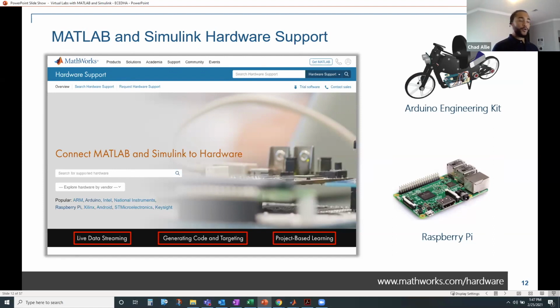You can generate code and actually implement it onto a device such as the Arduino Engineering Kit. And this could also be great for project-based learning. So these low-cost devices would also be a great opportunity to further explore opportunities within your lab course. And on our website, you can feel free to check out what different types of hardware we actually talk to.